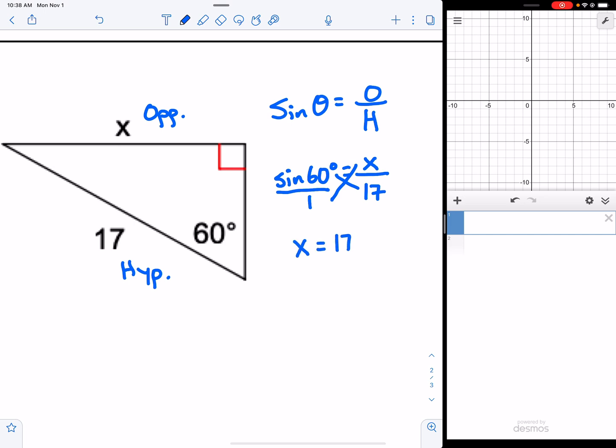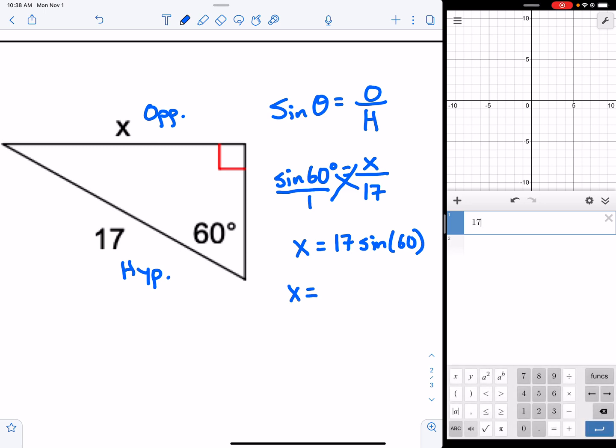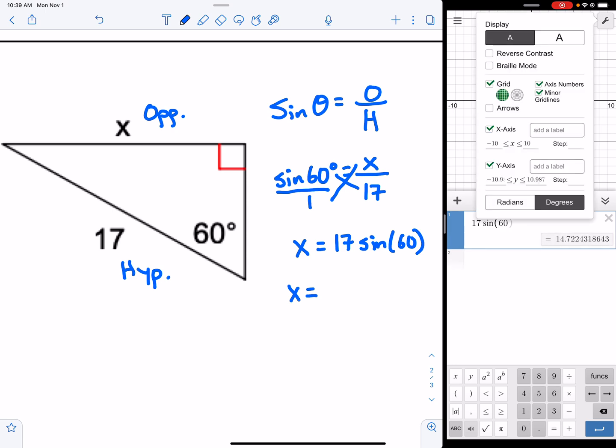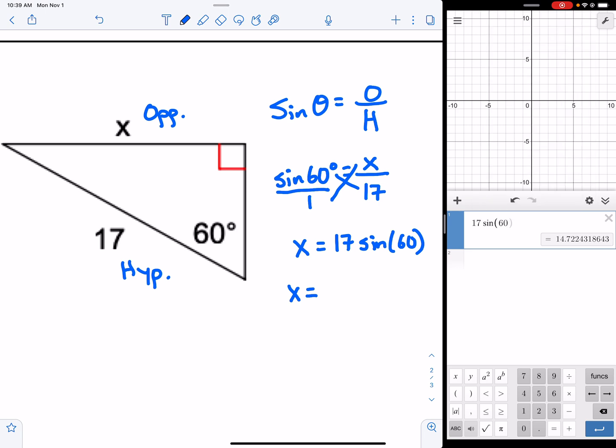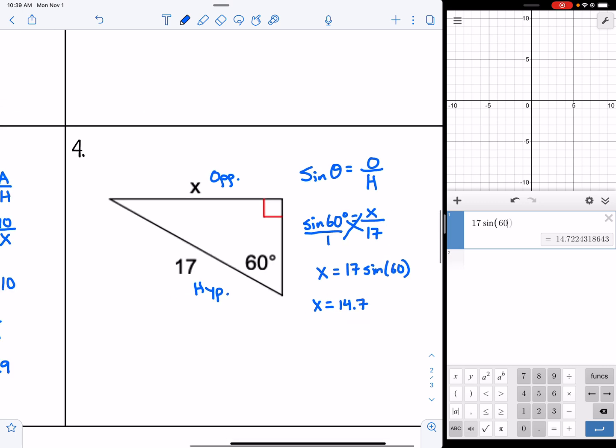And then I've got 17 times the sine of 60. And we can type all of that into Desmos. So let's just type 17, get your sine from your menu for functions, and then put in 60, and then just double check it's still on degrees. So we get 14.7. All right, so that's it for right triangle trig.